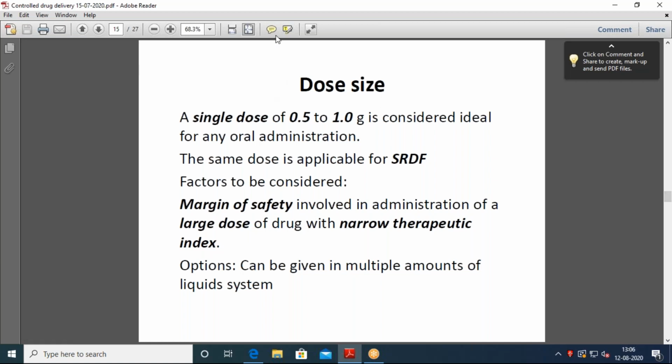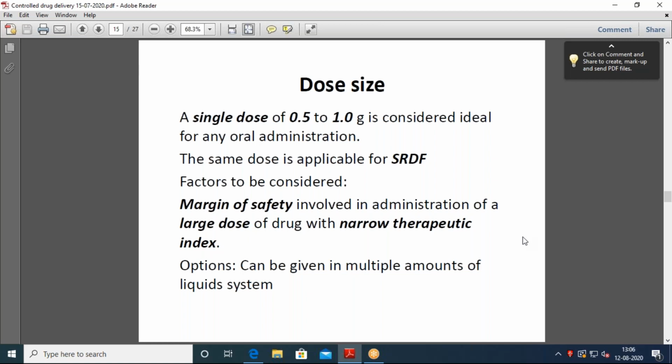The other factor to be considered is the margin of safety involved in administration of a large dose, especially with drugs with a narrow therapeutic index. I discussed about what you mean by therapeutic window. All of you know what is a therapeutic window?